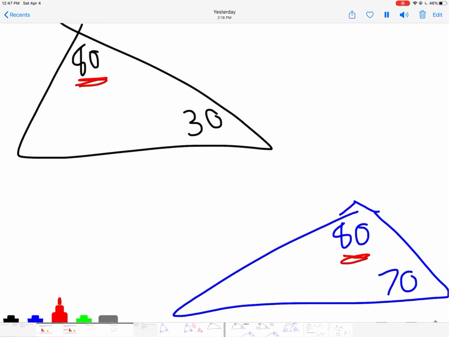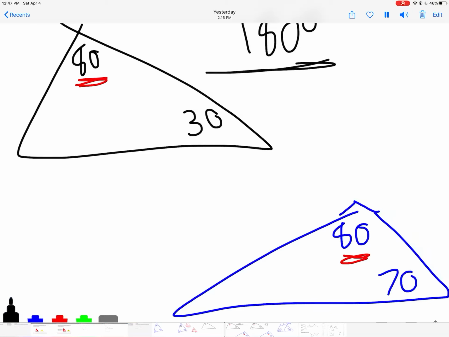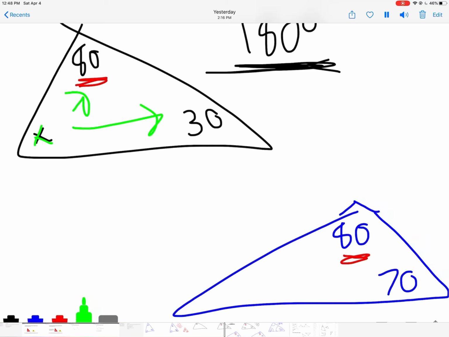Remember that all the angles inside a triangle add up to 180 degrees. So all angles inside a triangle, the interior angles, add up to 180 degrees. So using that, I know that this angle right here, which we don't know, plus this angle and this angle have to all add up to 180 degrees.